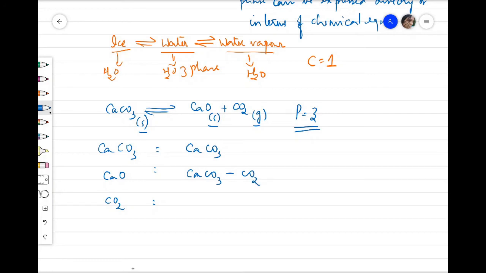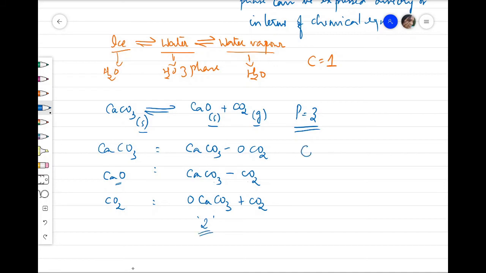So that means I need 2 components to define this system. Here I can take minus CO2 in this case for 2 components. Whatever you take in one, you have to do similarly in the others. Here I can take 0 calcium carbonate plus CO2. So I need a minimum of 2 out of the 3 chemical constituents to define each phase.